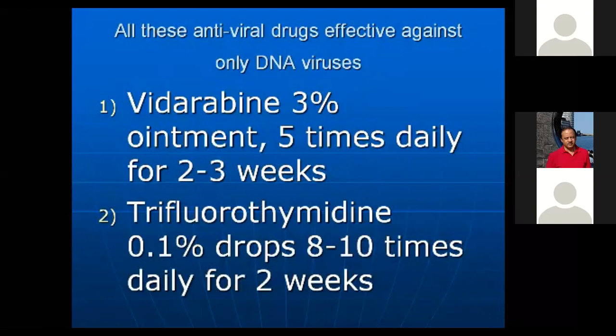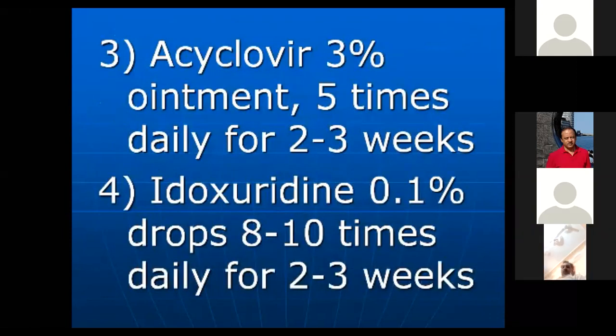Third is acyclovir 3% ointment. It is available in the form of ointment and used 5 times daily for 2 to 3 weeks. And the fourth one is idoxuridine, 0.1% drops. And these drops are used 8 to 10 times daily for 2 to 3 weeks.